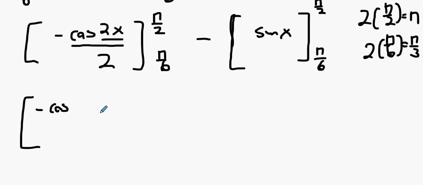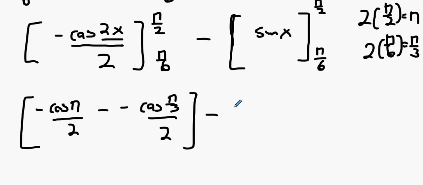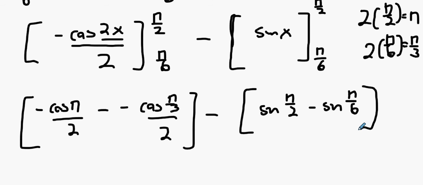So it's going to be cos pi divided by 2, double negative, which is cos pi over 3 divided by 2. Then it's going to be minus sine pi over 2 minus sine pi over 6. And I'll lob this into the calculator.